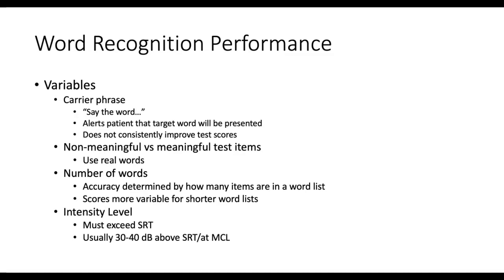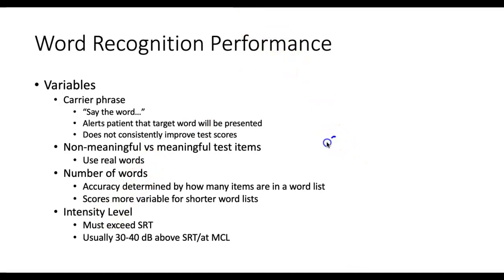Now, the purist, the people who do everything by the book, will use 50 words, which takes a long time. So most of us use a 25 word word list. And then we test this at about 30 to 40 dB above your SRT, which is around your person's MCL.